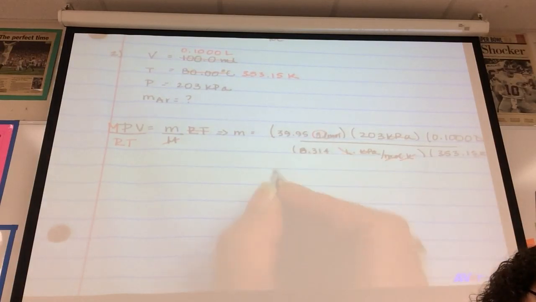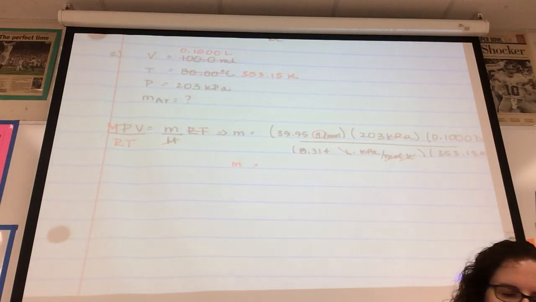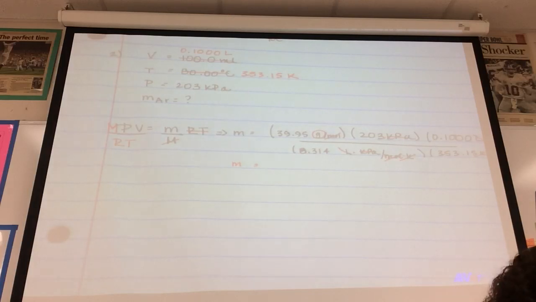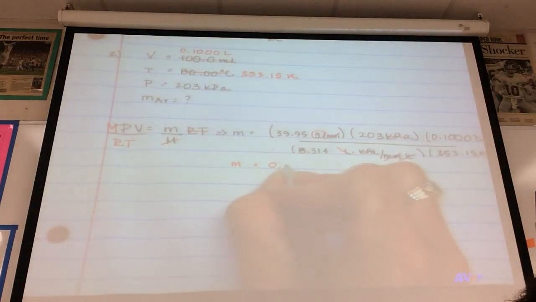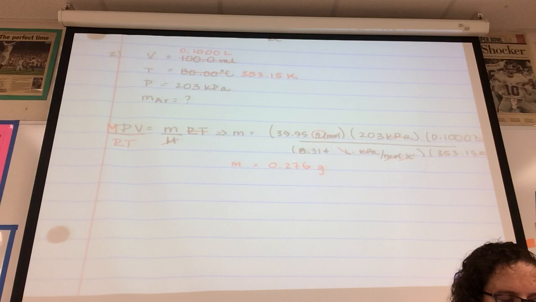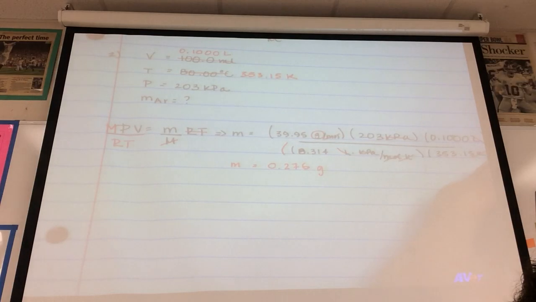Left in the unit of grams, which is what I want. And again, the only parentheses you need are the ones on the bottom.